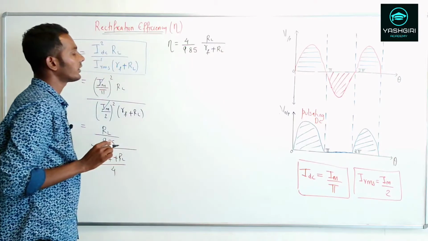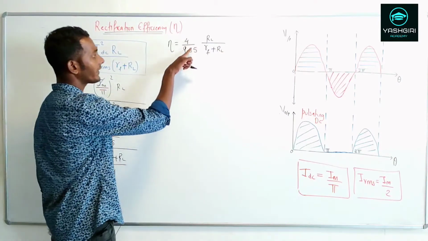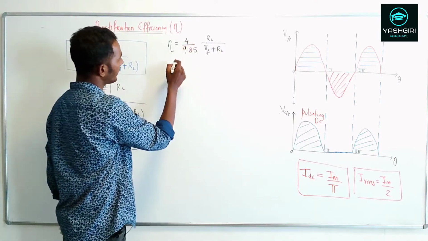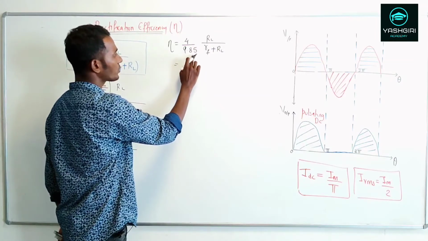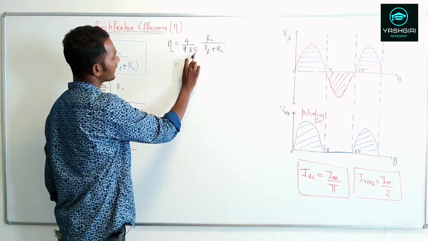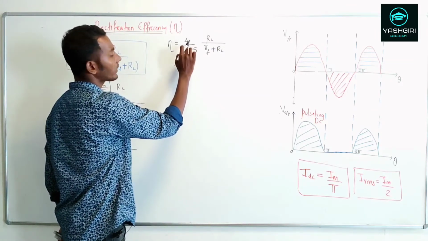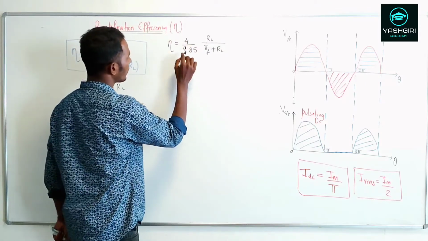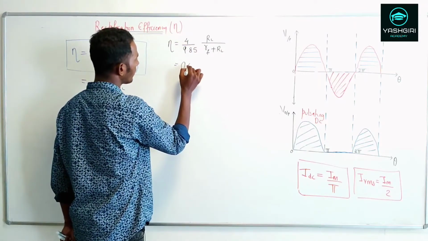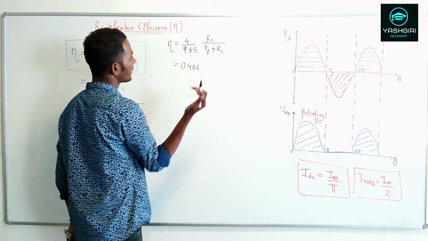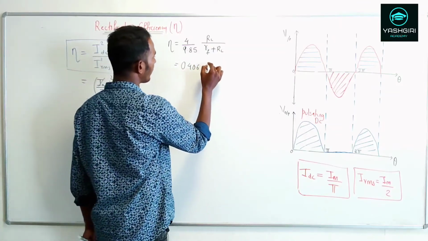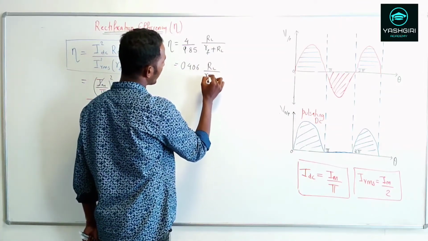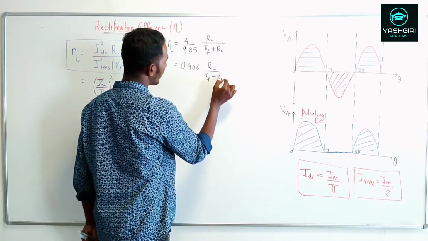Now 4 by 9.85, when you divide it, is almost close to 10, so you can consider it approximately 0.4, close to 40%. So here I'll get 0.406, if we divide it, into RL divided by RF plus RL.